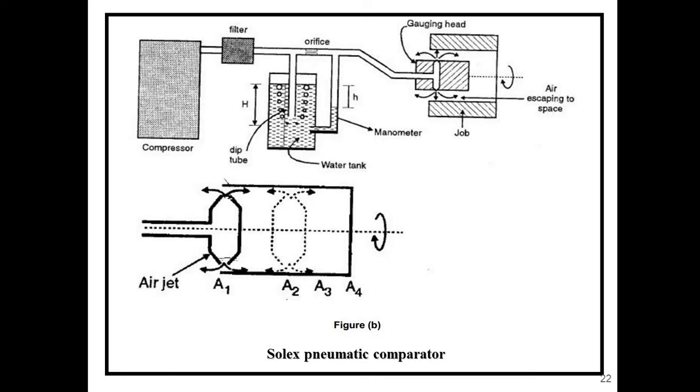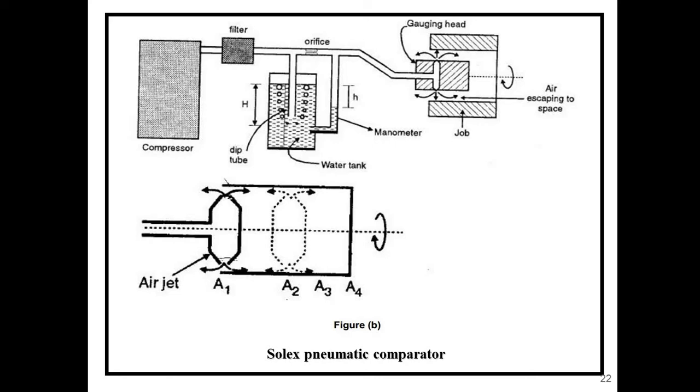So what is that principle? It uses the variation of the flow or pressure in a pneumatic circuit caused by a restriction of a flow from an orifice to measure the changes in dimension. Obviously in a comparator we are just comparing the dimension of the actual component with the master component or standard component, and that dimensional difference is very small, so we have to measure it.